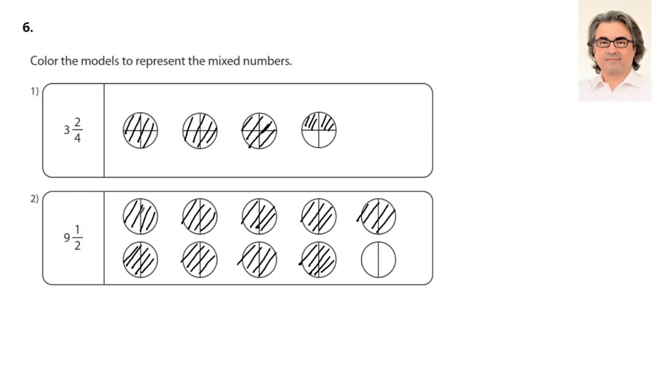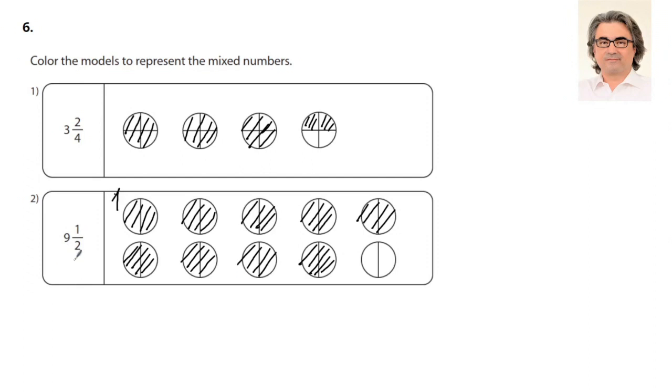I colored all parts, all pieces of each circle. So each represents 1. I have 1, 2, 3, 4, 5, 6, 7, 8, 9. 9 times 1. So these colored circles represent the whole number part of this mixed number.